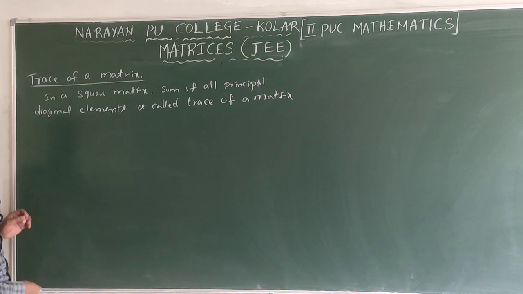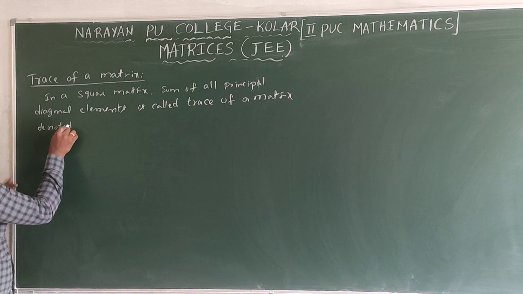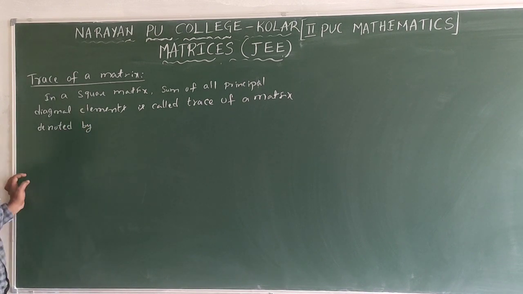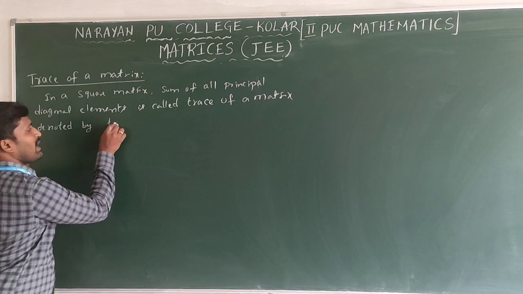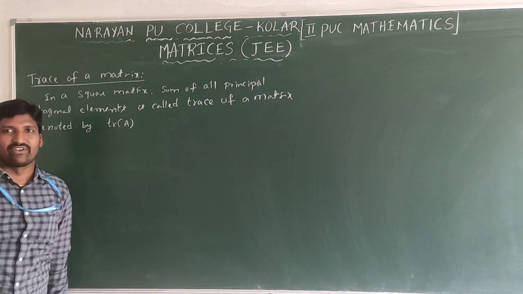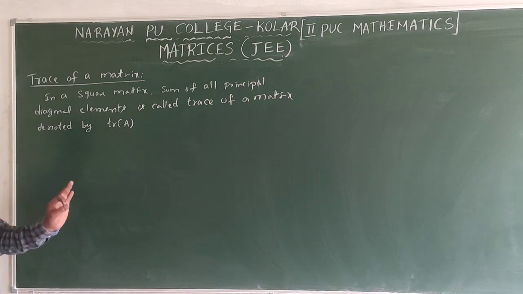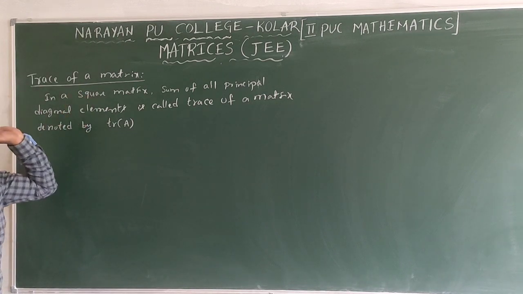Denoted by, for example, if A is a matrix, the trace is denoted by tr of A, or capital T, no problem. Trace of a matrix means the sum of principal diagonal elements in a square matrix.